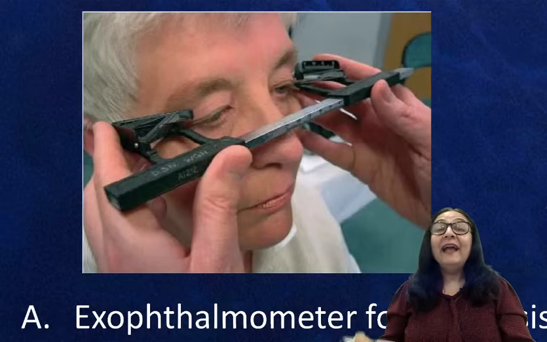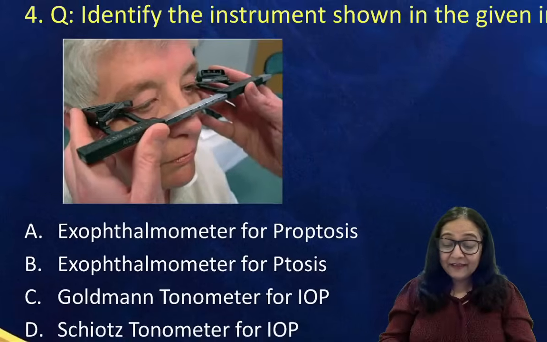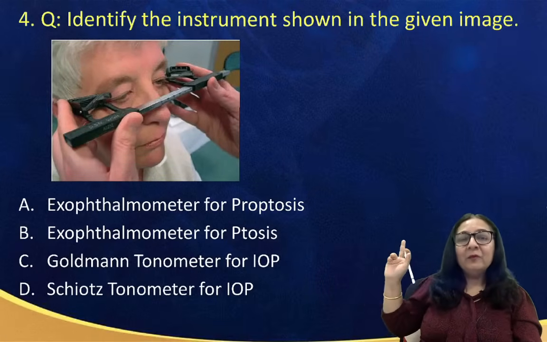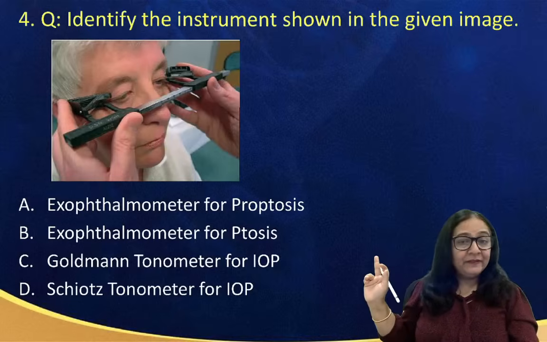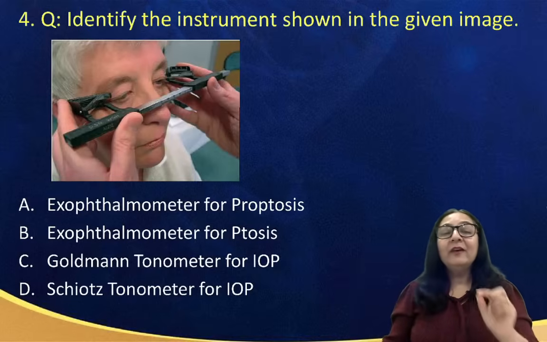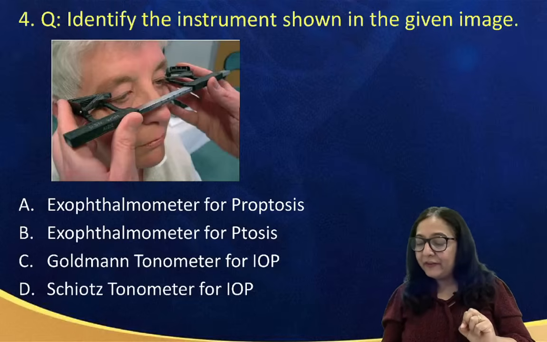This is your exophthalmometer. To be precise, it is Hertel's exophthalmometer. Right, friends? Now, coming to the choices. Exophthalmometer for proptosis, exophthalmometer for ptosis, Goldmann tonometer for intraocular pressure, Schiotz tonometer for intraocular pressure.